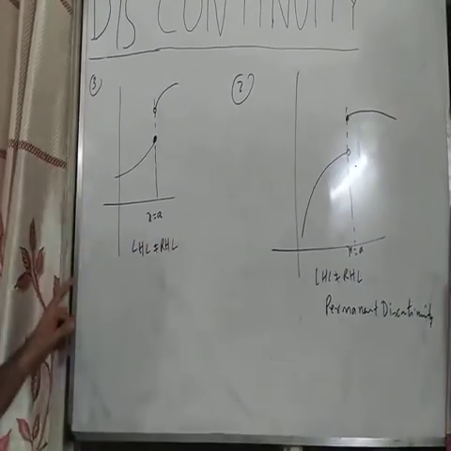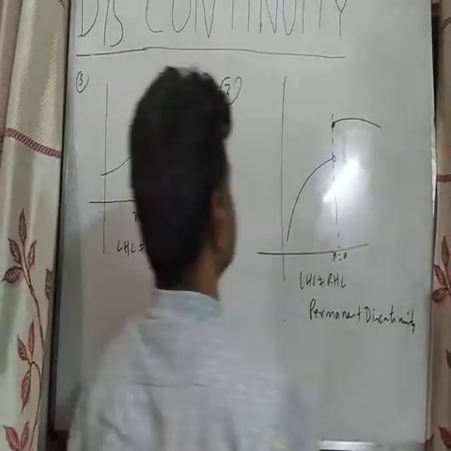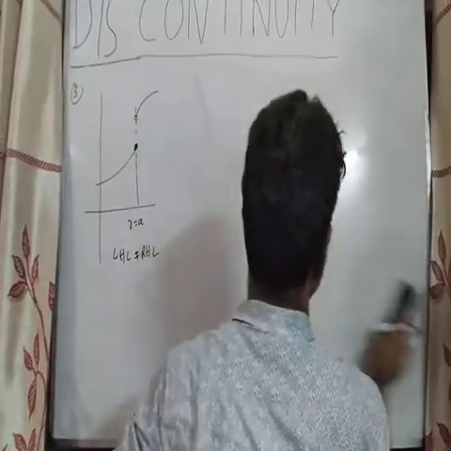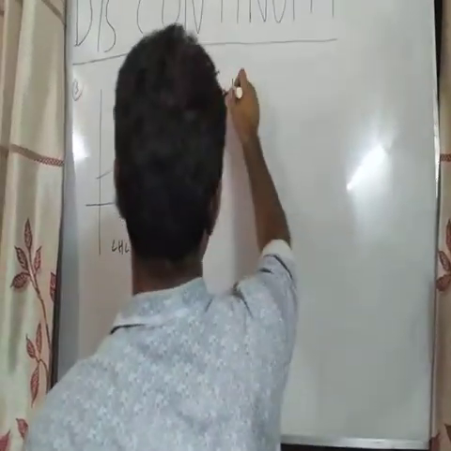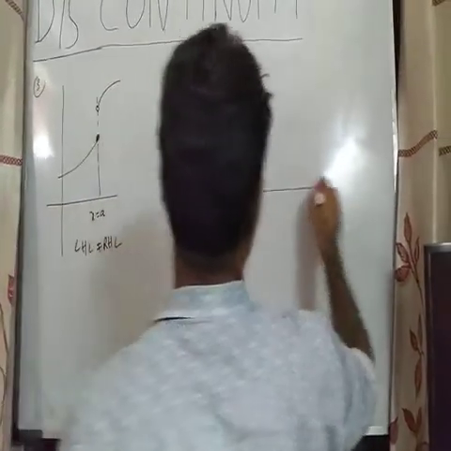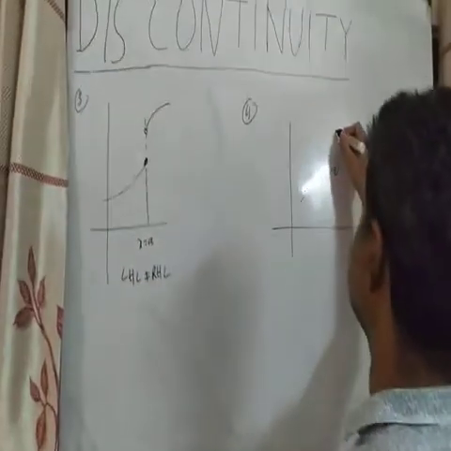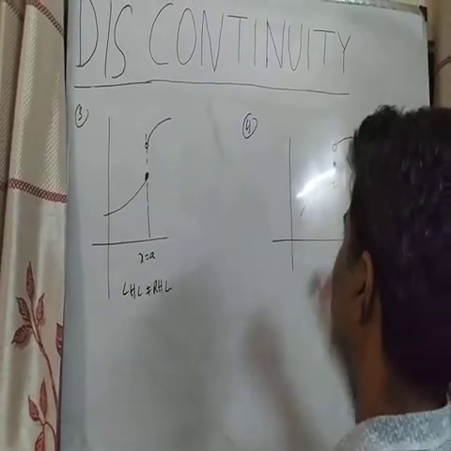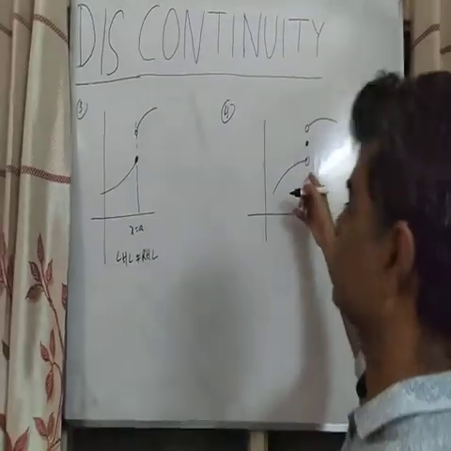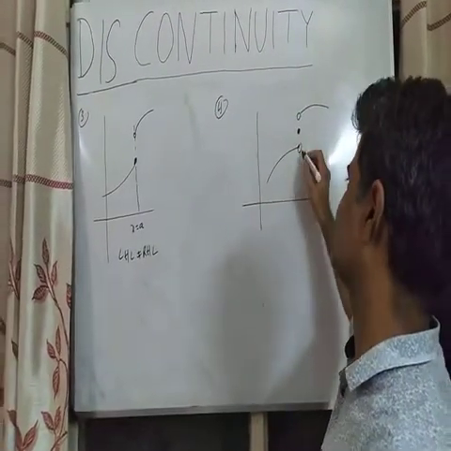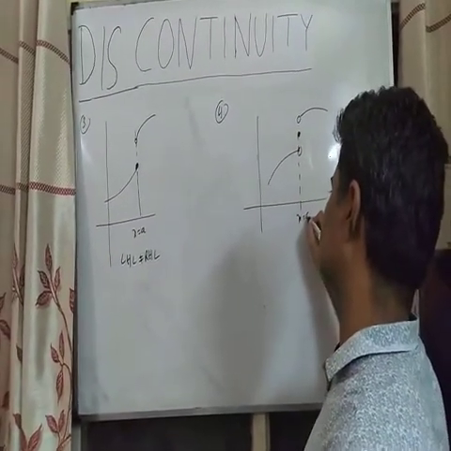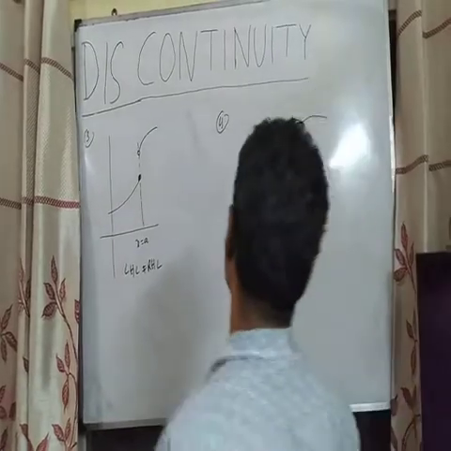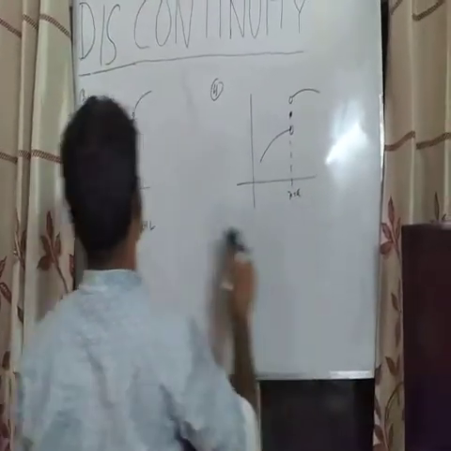Similarly, we will show the fourth case. Here this is the function here, and this is the function here, and the point is here. So here also you can see that the function is discontinuous at x is equal to a.